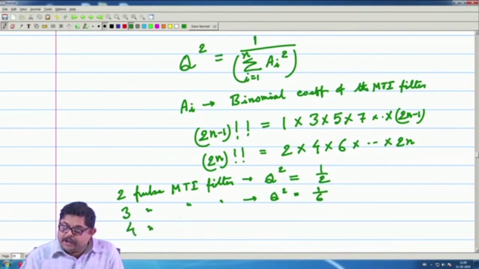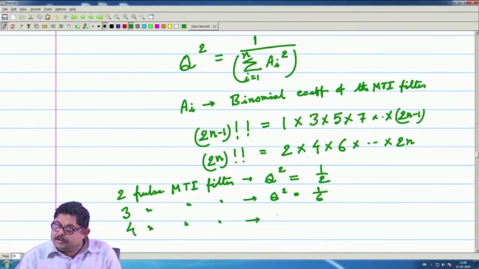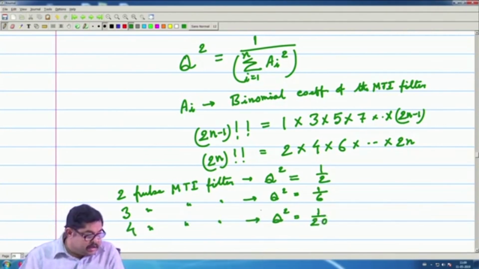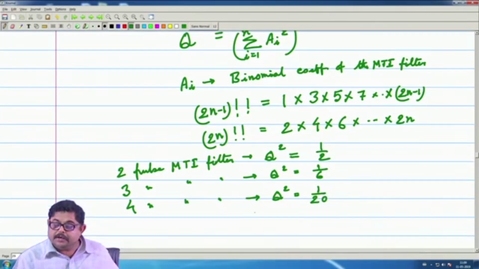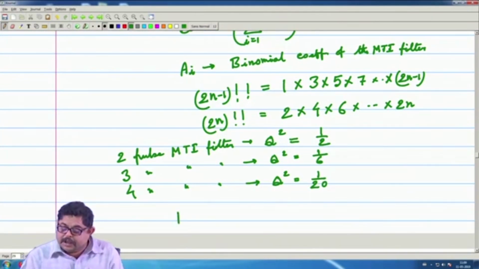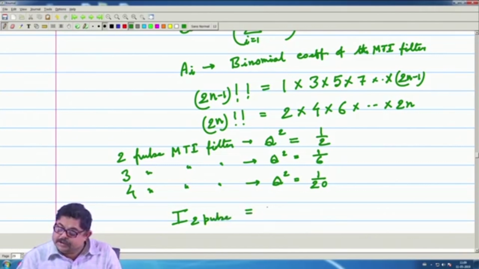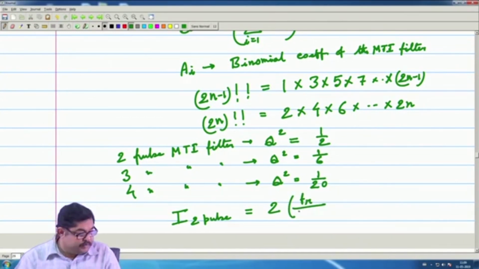For a 4 pulse MTI filter, Q square is 1 by 20, and so you can easily write the MTI factor I for 2 pulse. We have already seen this, but from this formula again you can check, this will be 2 FR by 2 pi sigma f whole square.